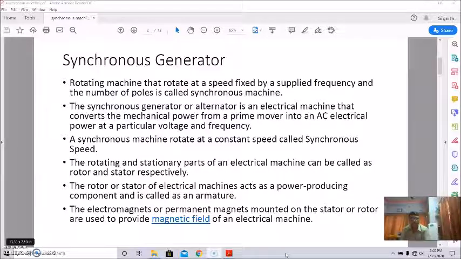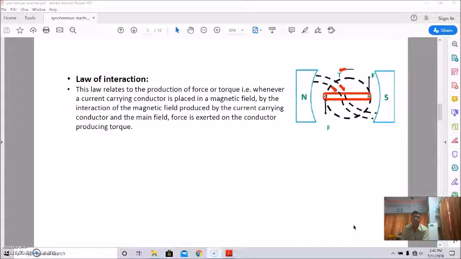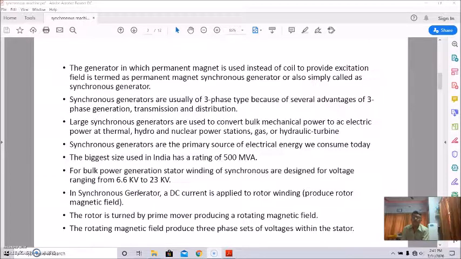Basically, the part, whether it is the rotor or the stator, that acts as the power producing component is called the armature. The electromagnets or permanent magnets mounted on the stator or rotor are used to provide the magnetic field of an electrical machine.